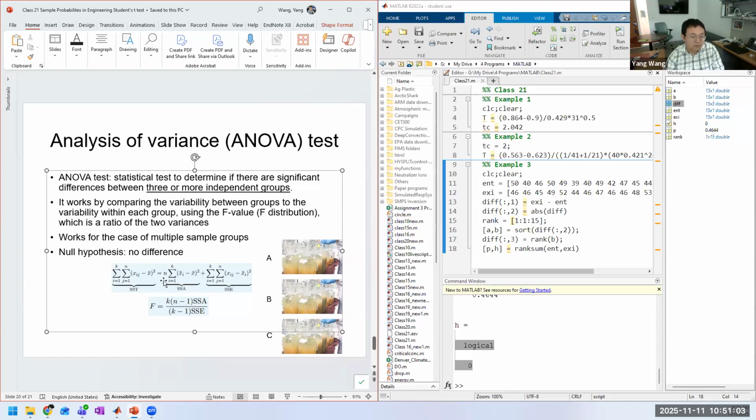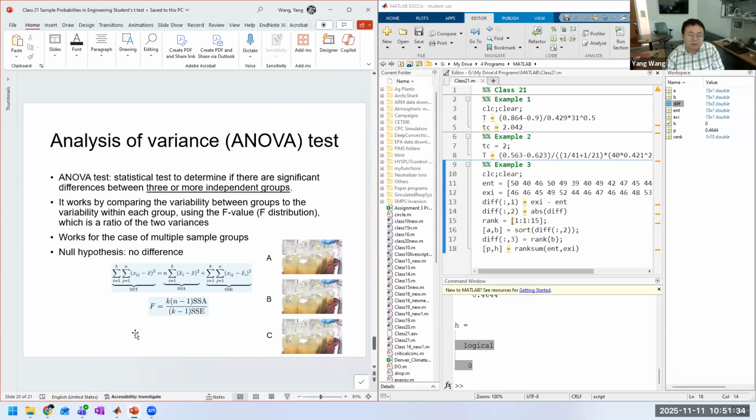It calculates the mean square error, the deviation from the mean for each group and for the population. It works for multiple sample groups, and the null hypothesis is that there's no difference. Again, you calculate an F, find the critical F value, and then tell whether the data is different or similar to each other.